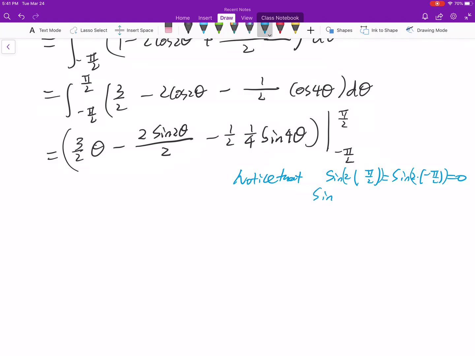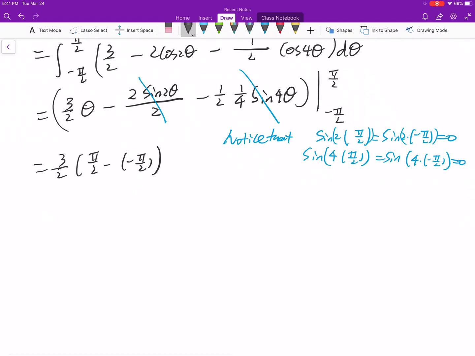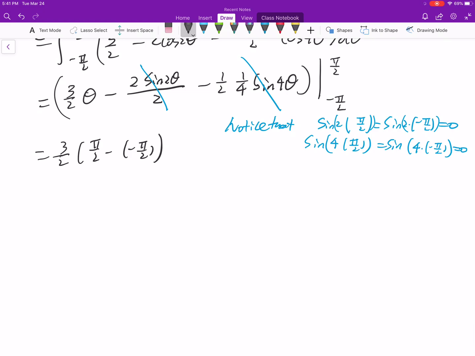And sine 4 pi over 2 equals sine 4 negative pi over 2 equals 0. Therefore, you don't have these, and essentially you have 3/2 times pi over 2 minus negative pi over 2, which is 3/2 pi.